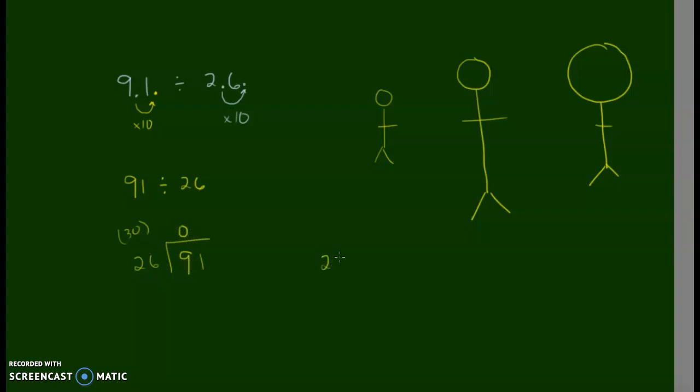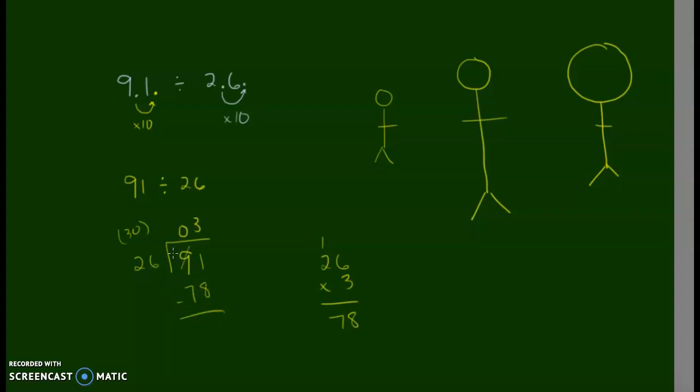So I'm going to come over here and I'm going to try 26 times 3. 6 times 3 is 18. 2 times 3 is 6, plus 1 is 7. So 78. I can't add another 26 to 78 and still be less than 91. So I'm going to go with 3. 3 times 26 is 78.